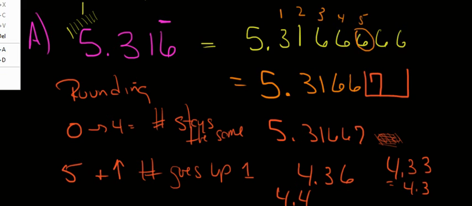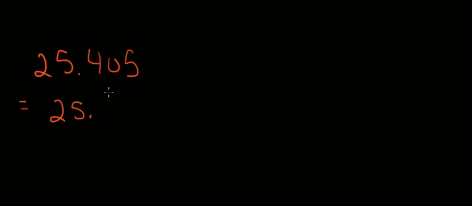Okay, let me clear that out here. Our next example is rounding this number to 5 decimal places: 25.405. I'm rounding to 5 places. I already have 3 right here, so I'm just going to recopy this as 25. By the way, in the book the 405 repeats, so I'm going to put 405, 405.